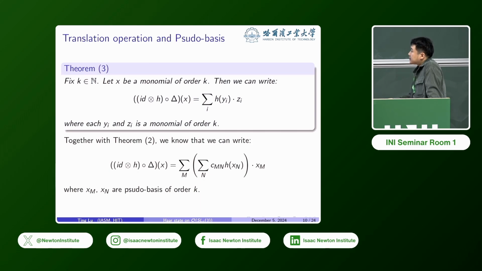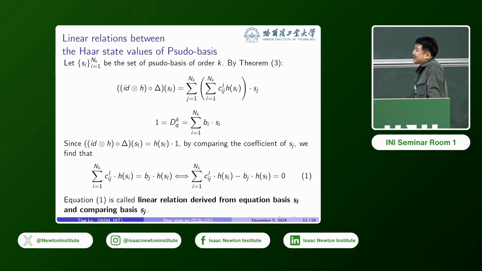So this equation actually provides the method to construct linear relations between the Haar states of the pseudo basis. If I take the translation of a pseudo basis element of order k, it's going to be a linear combination in this form. Since we identified d_q as 1, raising d_q to the power k, it's still 1.